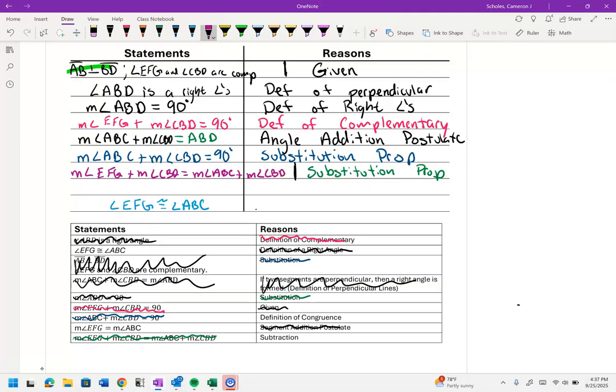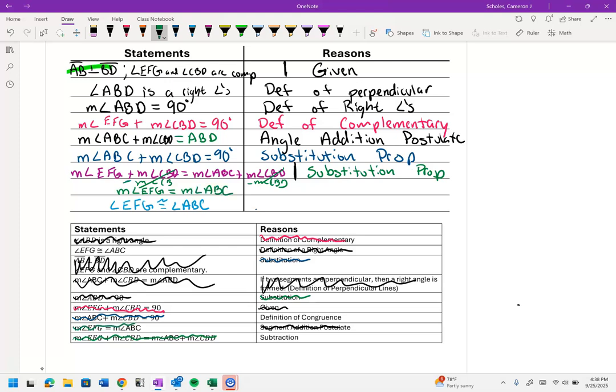So what we notice is that we need to do some algebra here. Think of these as variables. Our goal is to get EFG by itself. So to do that, we would have to subtract the measurement of CBD from both sides. Oh, hey, look at that. We have both of them on the same side, so these will cancel out, which would leave the measurement of angle EFG is equal to the measurement of angle ABC.